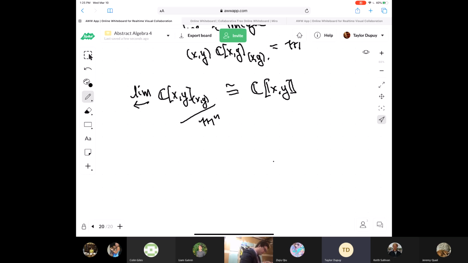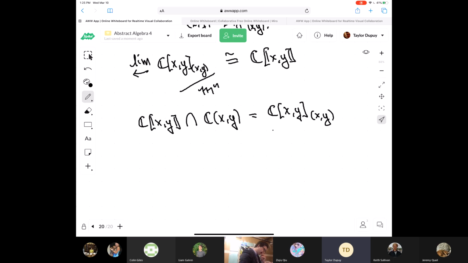Actually, we have something that's even cooler. It's that C[x, y] intersect the rational functions. This is this ring. So they're like power series.